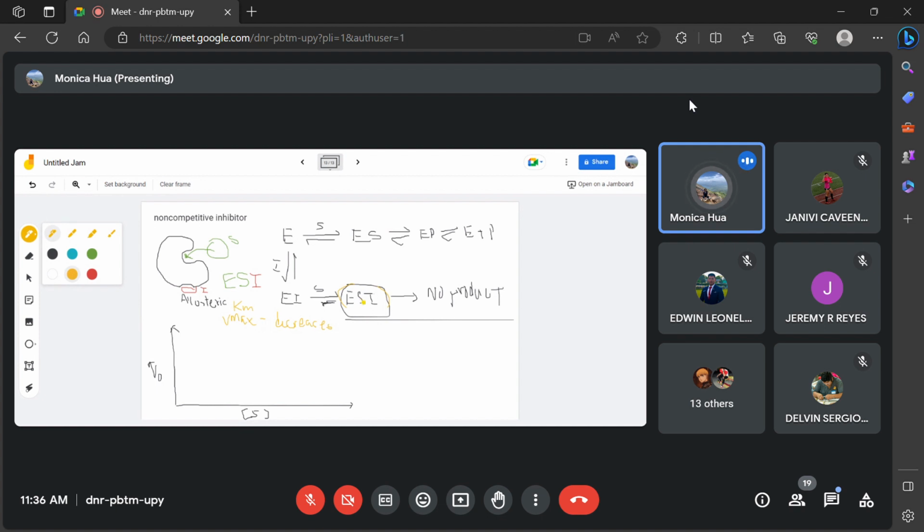Now it cannot leave. It is bound with the inhibitor and the enzyme. So because it cannot leave, the concentration of the enzyme-substrate complex increases. And the enzyme or the substrate by itself decreases.